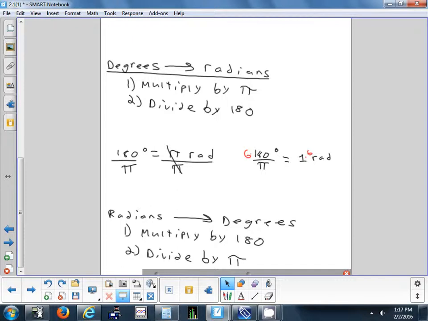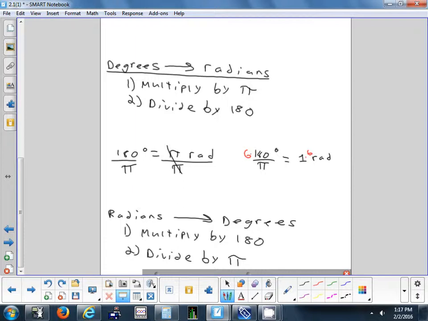Yes. What's the point of like changing like a degree into radians? Some of the formulas that we use, they only work if your things are in radians. So tomorrow we're going to learn a formula that if they give us an angle in degrees to start with, it won't work. We have to change to radians in that formula. So some formulas, and most higher level math classes, they don't use degrees.